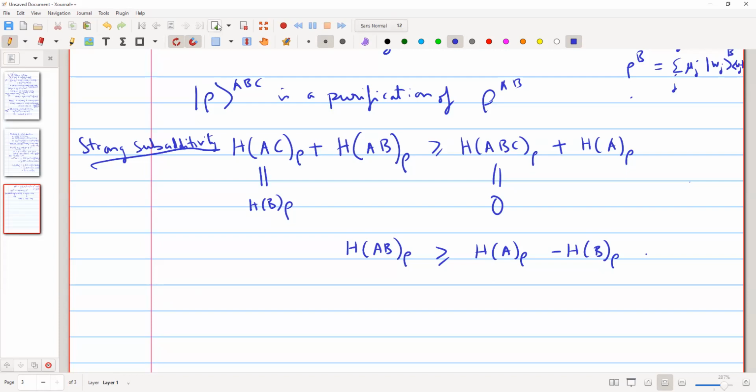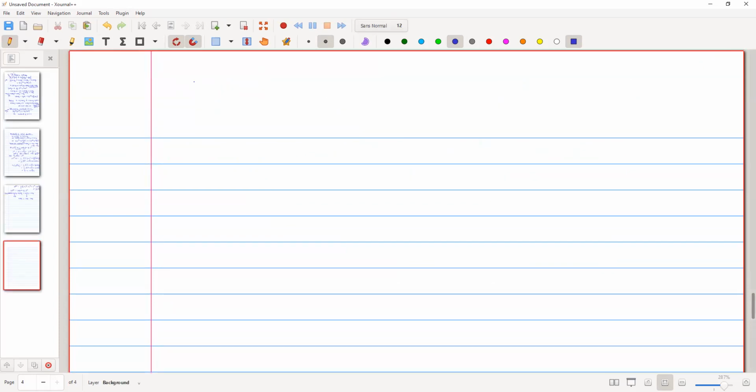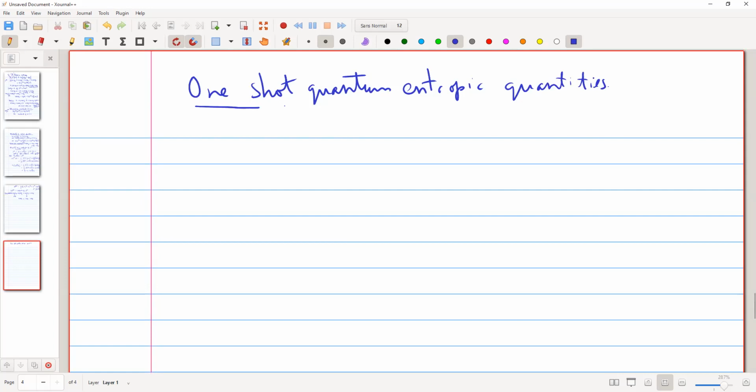One-shot quantum entropy. Okay. So we will start off with the one-shot quantum hypothesis testing relative entropy.